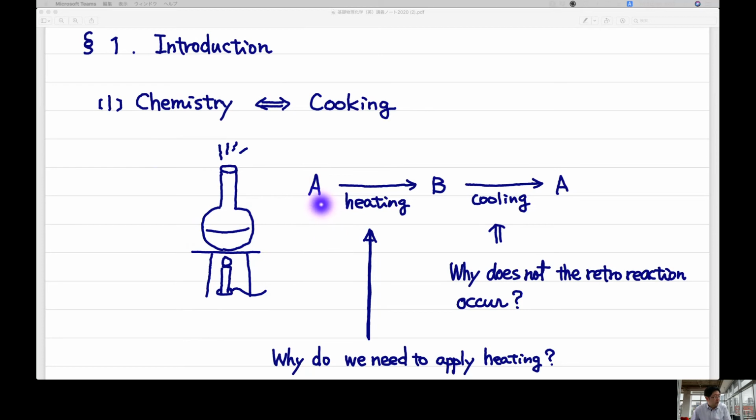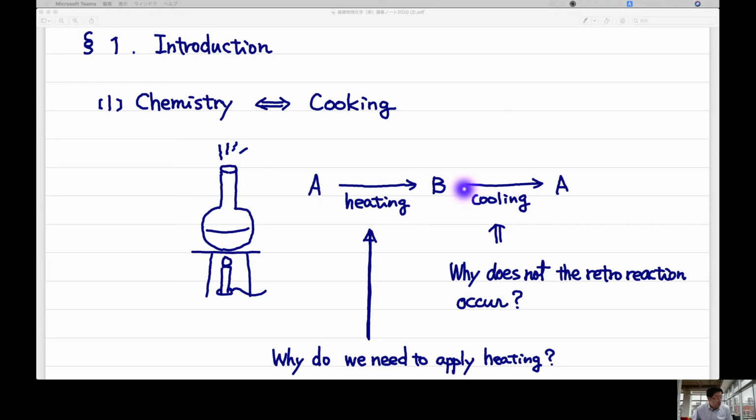We observe the transformation of compound A to compound B. And importantly, this compound B does not transform back to the original compound A by cooling. This is very important. That's why we can obtain compound B as an important chemical material, such as drugs or some important part of the pencil or something.